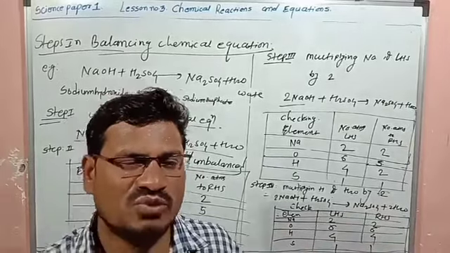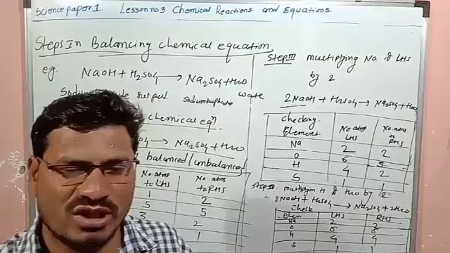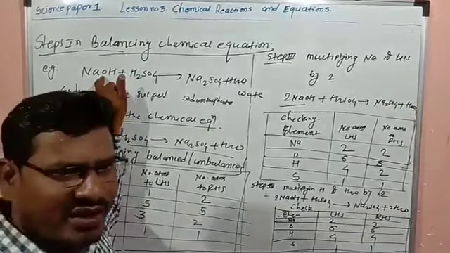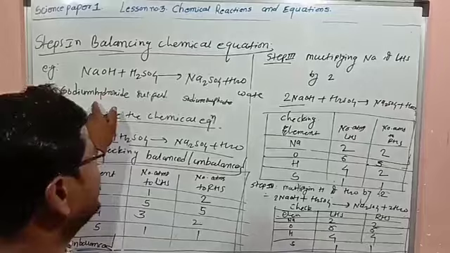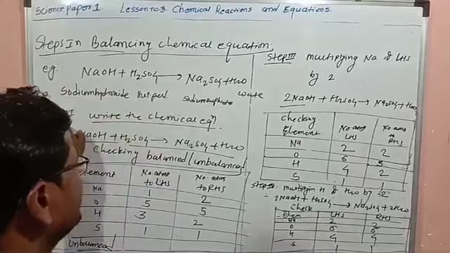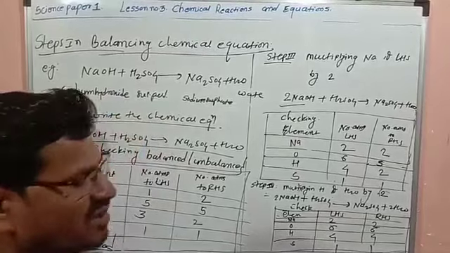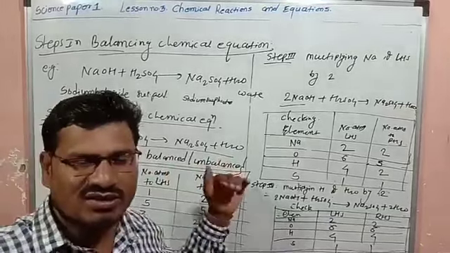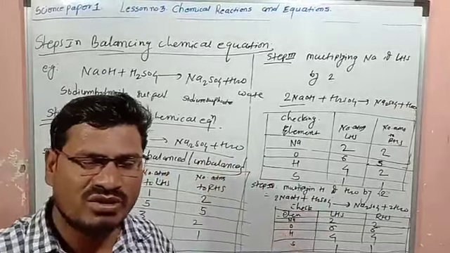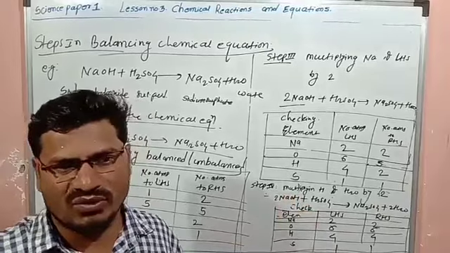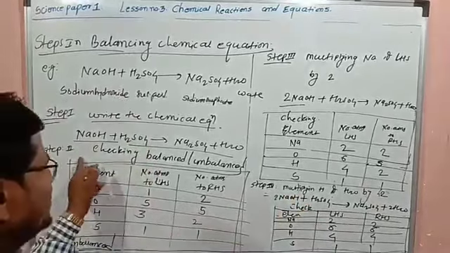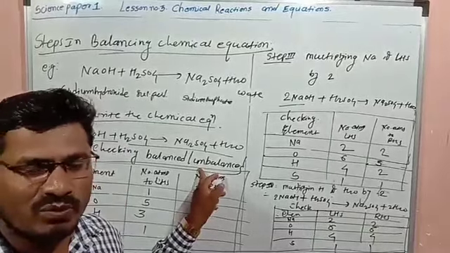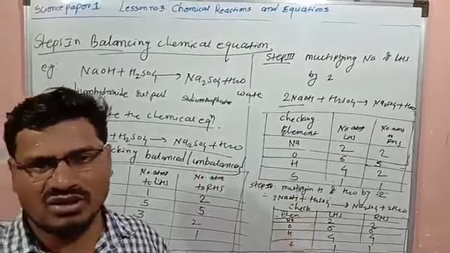Which steps have we followed, we'll take that one more time. In step first, the given chemical equation you have to write as it is. Suppose a word equation is given, you have to write it as a chemical equation. Then second step, you have to check whether the given chemical equation is balanced or unbalanced.